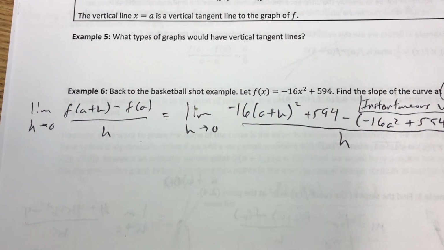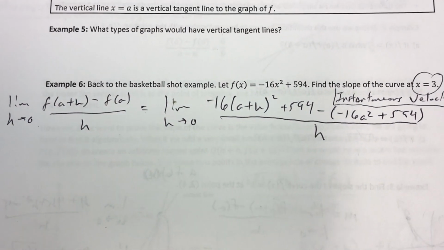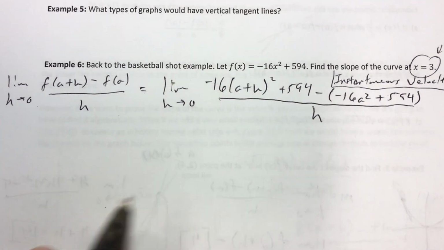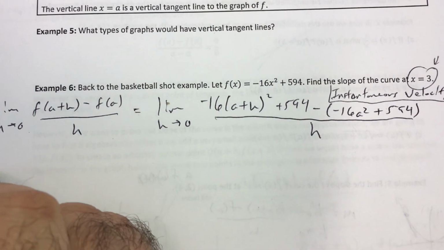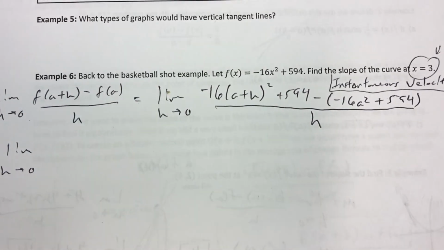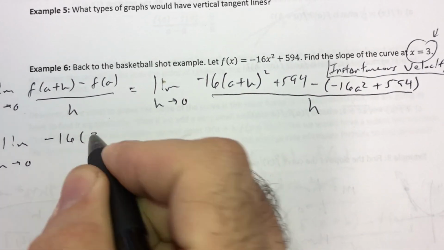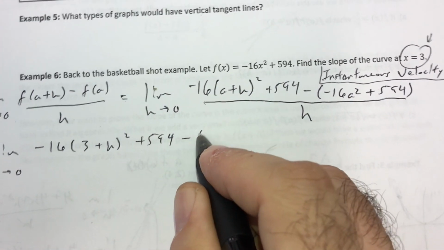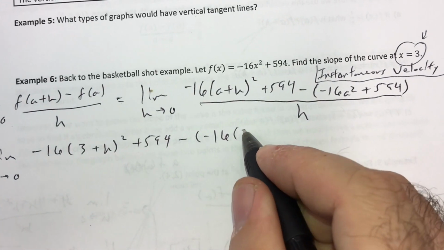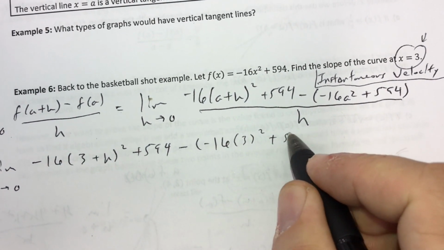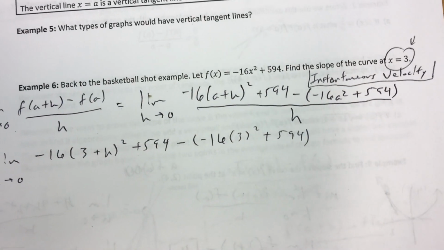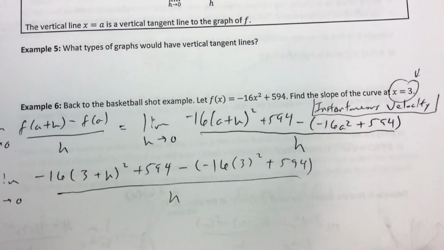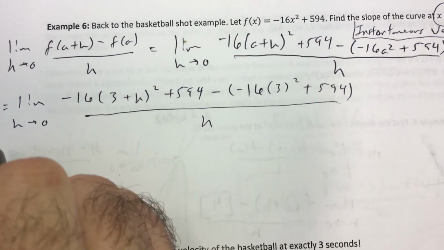What I can do now is plug in a for all of those, and I already know that that is 3. So what we'll do here is the limit as h approaches 0 of negative 16 times (3 plus h) squared plus 594, minus negative 16 times 3 squared plus 594, and that's all over h. And then we can start simplifying from there.